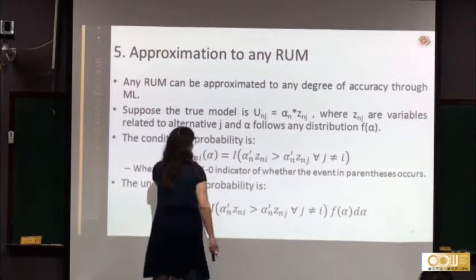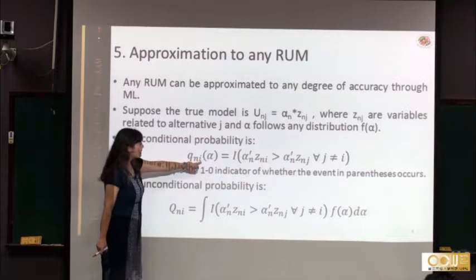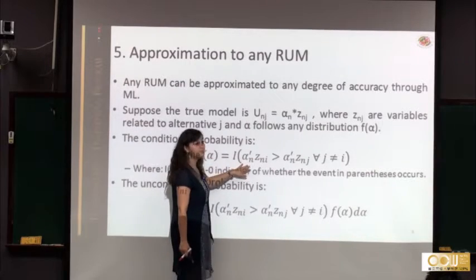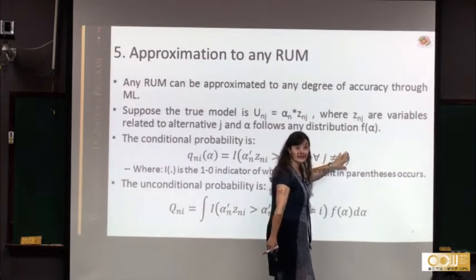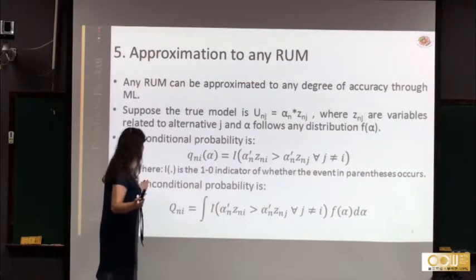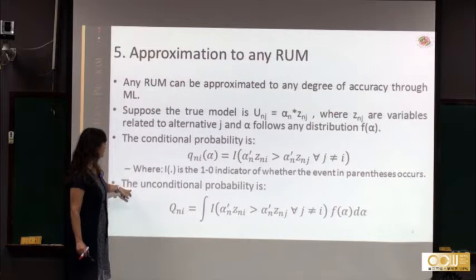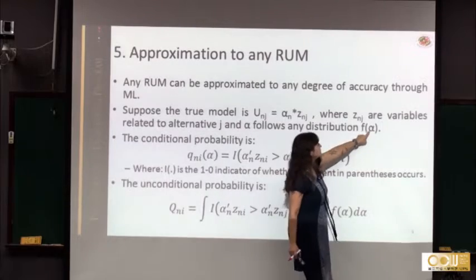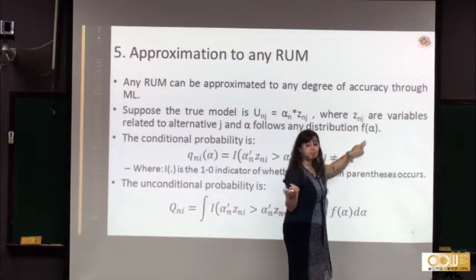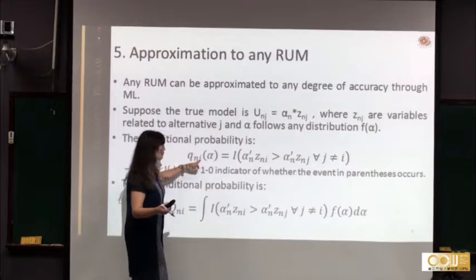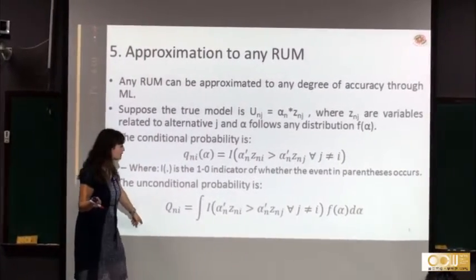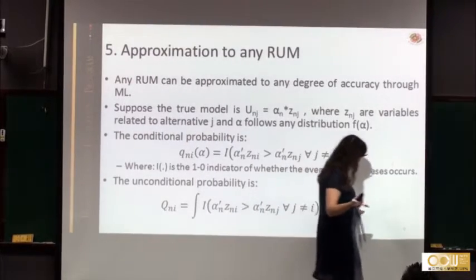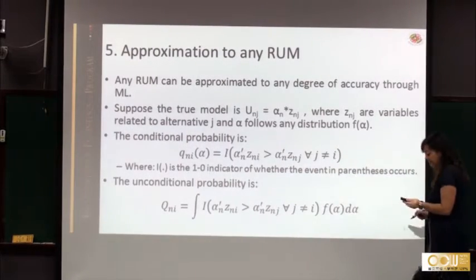So the conditional probability is that i is chosen if the utility of i is greater than the utility of j for each j different than i. So this is a normal random utility model. Then the unconditional probability: if alpha was one term, this was the conditional probability. Given that here we have a distribution, then the unconditional probability is this one, right? Where we have the integral over the density of alpha.